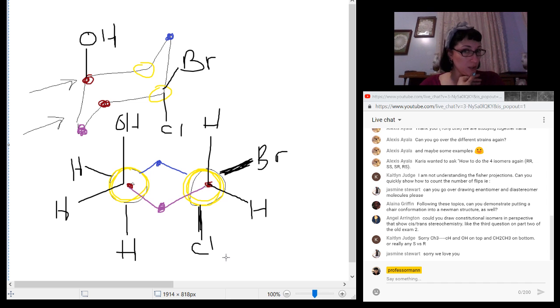Other questions? My Twinkie's laying underneath my computer. It's adorable.